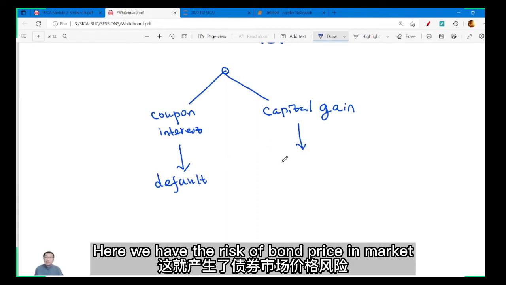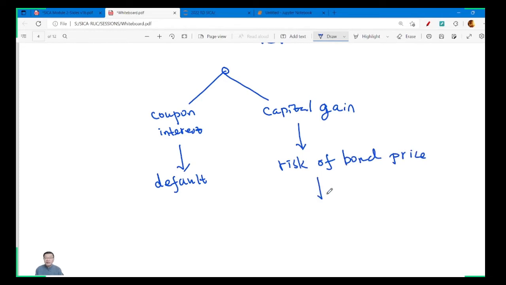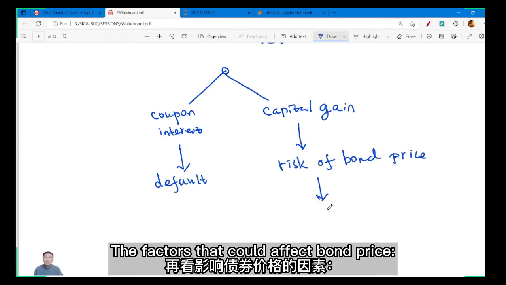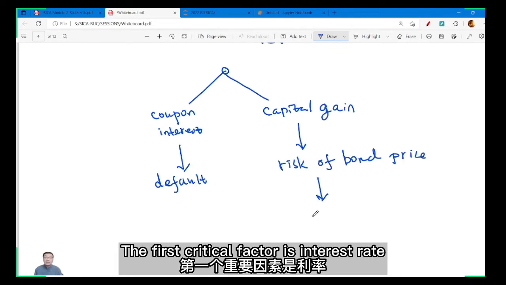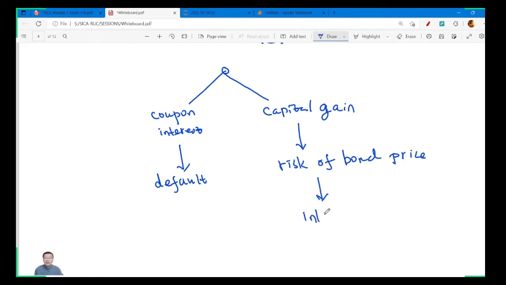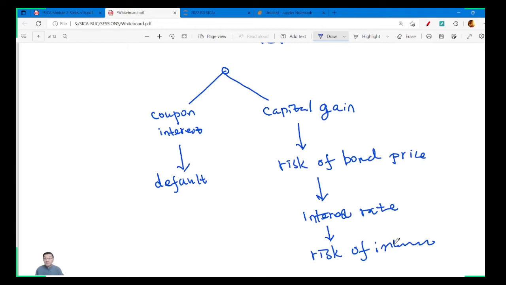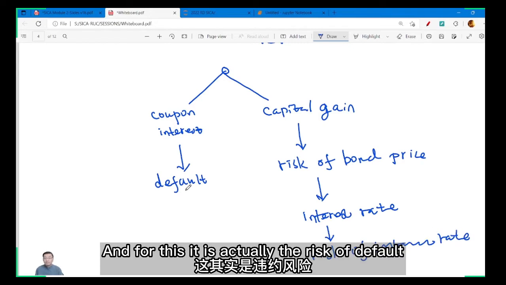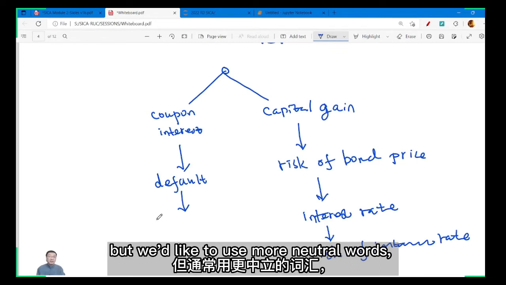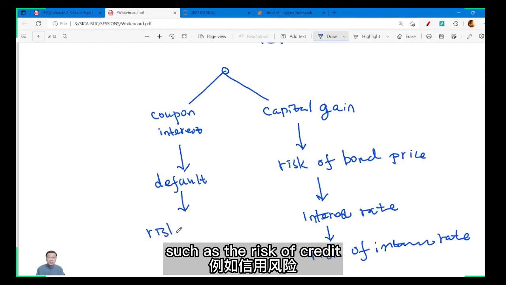Here we have the risk of bond price in the market. The first critical factor that could affect bond price is interest rate, so most of the time we call this the risk of interest rate. And the other is actually the risk of default, but we'd like to use a more neutral word, such as the risk of credit.